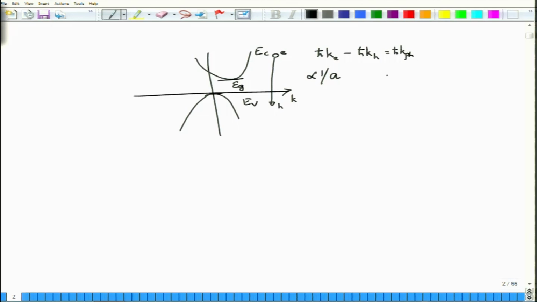Okay, and this lattice width will be a few nanometers to angstroms, which means that the corresponding electron and hole momentum, of course the hole momentum here is almost 0, but the electron momentum that you are seeing here, because of this particular point, will be very, very large. It will be 1 by angstrom, whereas the photon momentum is quite small because this lasing is happening at around say 1 micrometer.